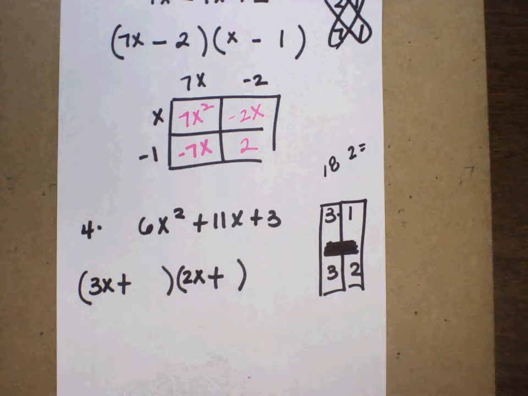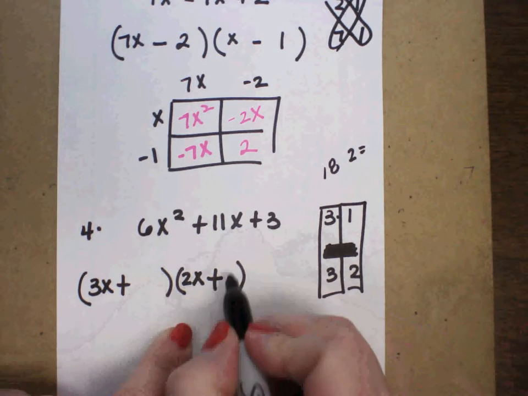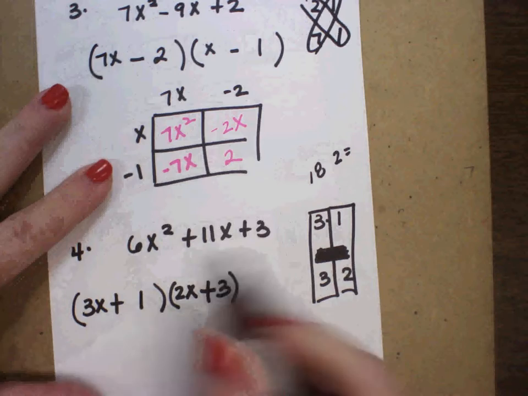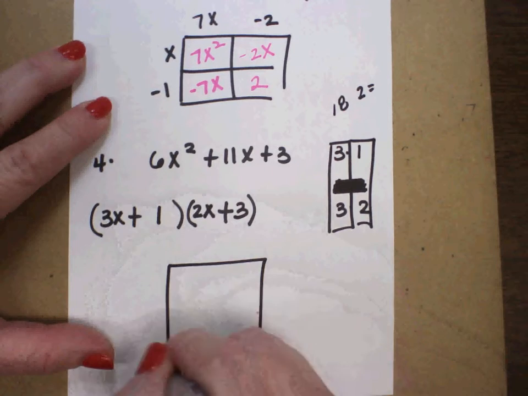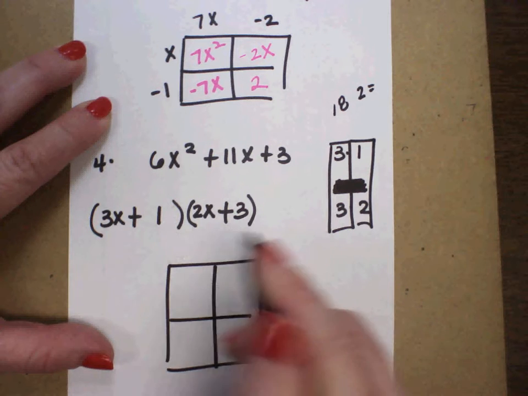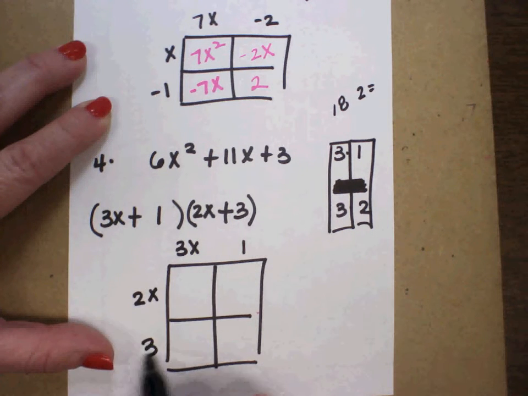Yeah, it's practice. It really is. This is just a lot of practice. All right, so tell me this one. 6x squared, 9x, 2x, and then 3. There's your 3, there's your 6x squared, and there's your 11. Yay?